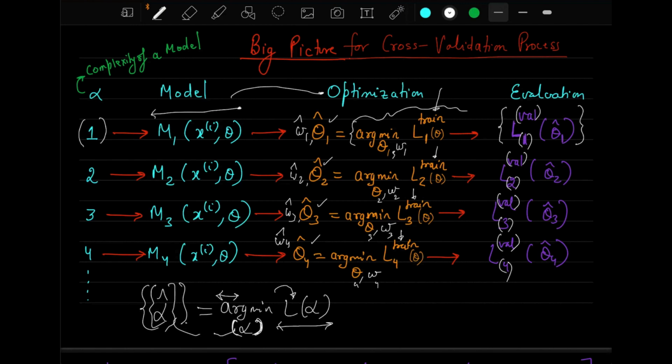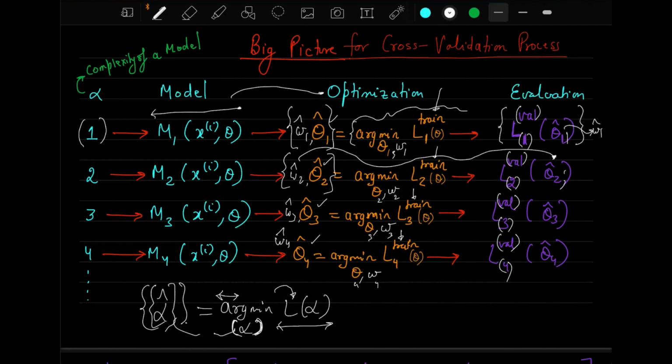But the values of theta and w, it has to be w over here also, that you will use are the values that you obtain from this optimization process, which is given over here.